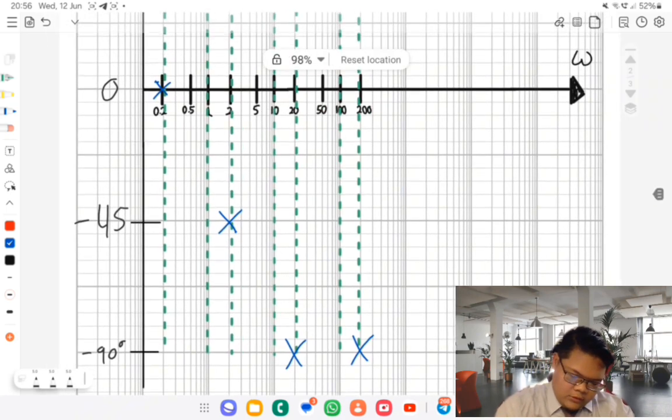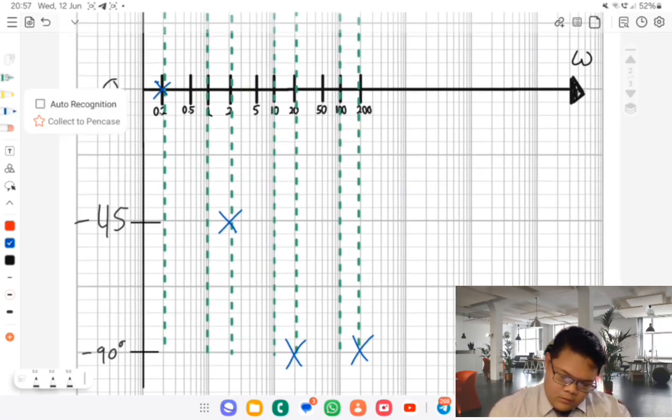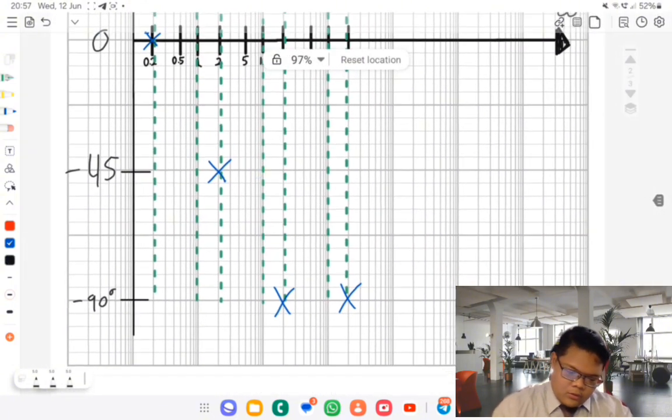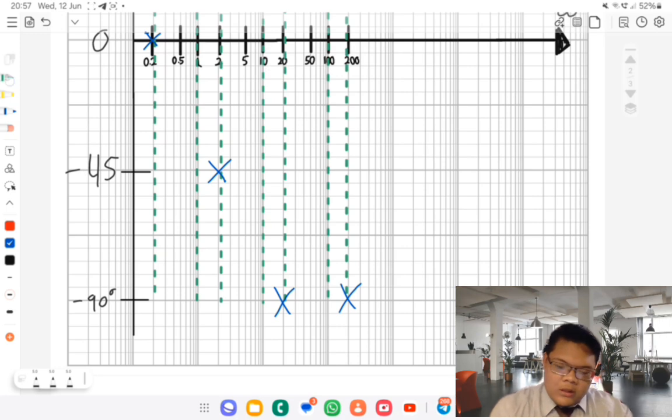Okay, for the next part, before we go through to the next part, I will draw the line to connect all the plots.